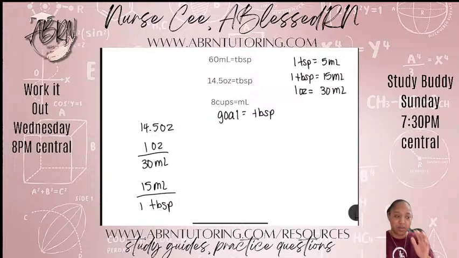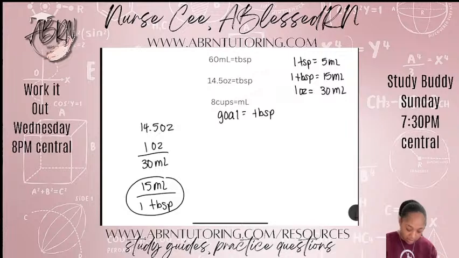So even if you did not know how many tablespoons and ounces and teaspoons are equal to each other, you still have your puzzle pieces with your milliliters, and your milliliters can cross out. If I'm looking for tablespoon, I'm going to start with my tablespoon, so I take that puzzle piece and flip it. How can you flip it if it's supposed to be 15 milliliters is 1 tablespoon?